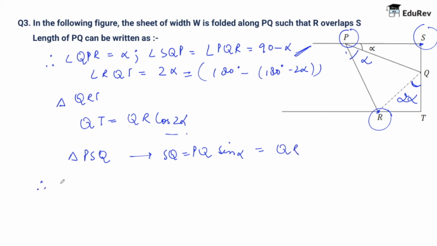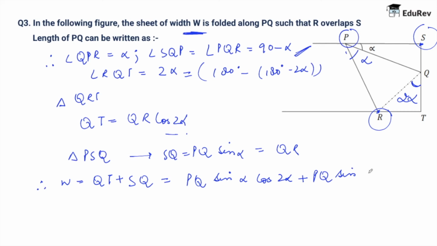So W, the width, is QT plus SQ, correct? Do not forget that W was the width. And this will be equal to PQ sine alpha cos 2 alpha plus PQ sine alpha.